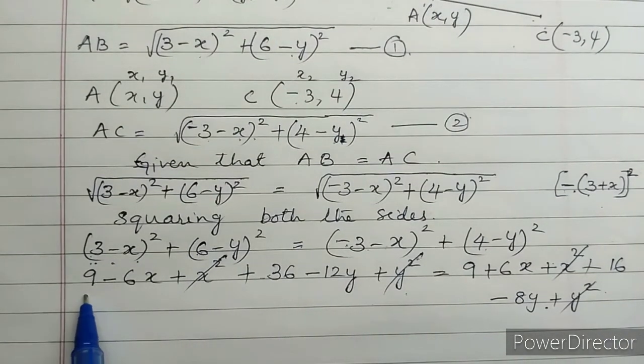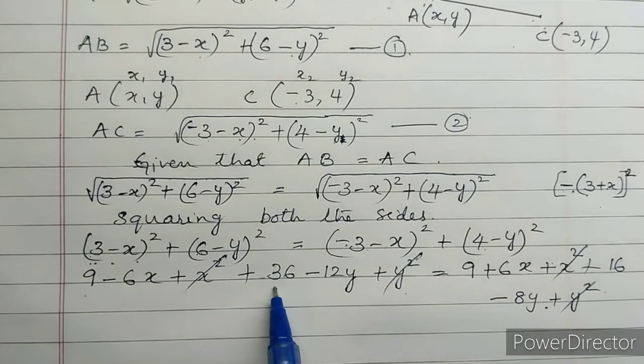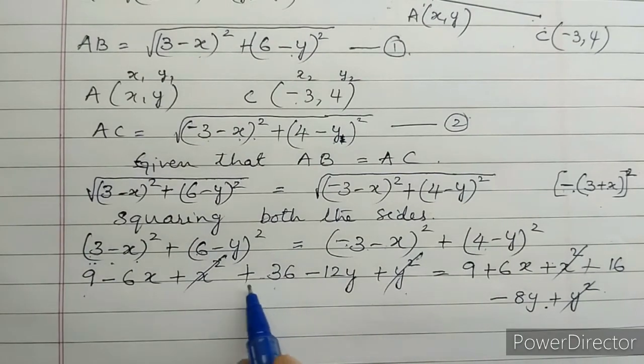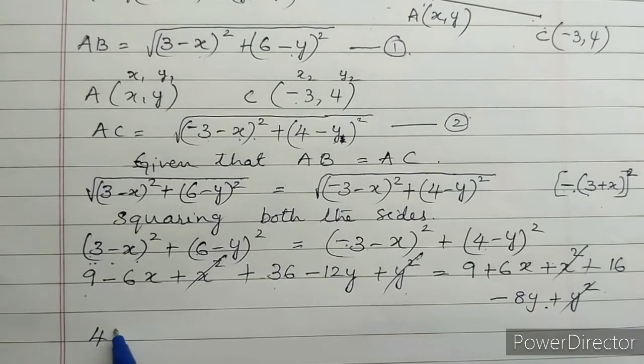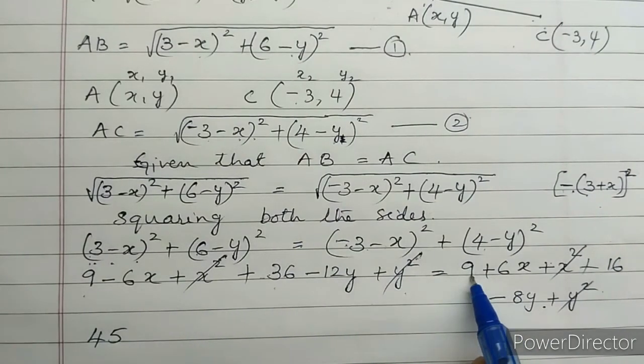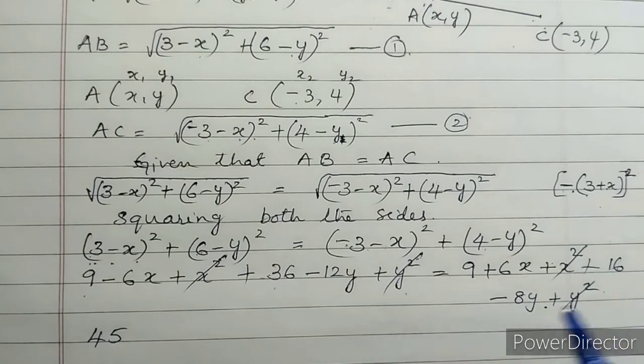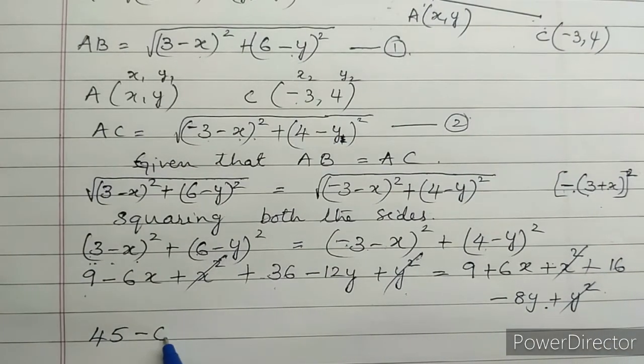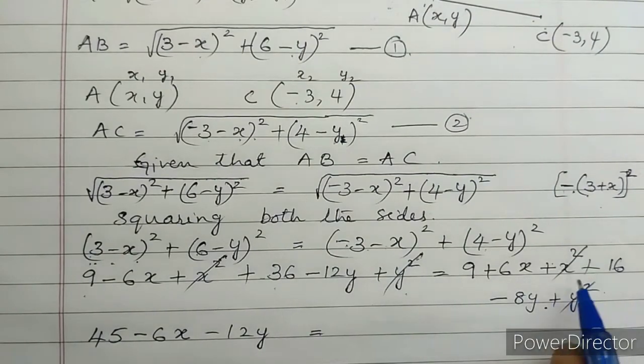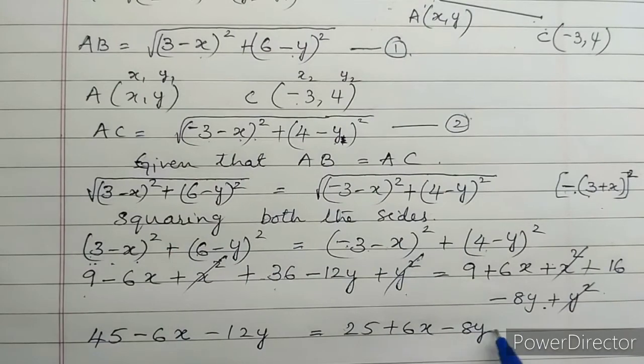So here 9 and 36 together, both are positive, so 9 plus 36 it is 45. Here 9 plus 16 it is 25. So 45 minus 6x minus 12y equals 25 plus 6x minus 8y.